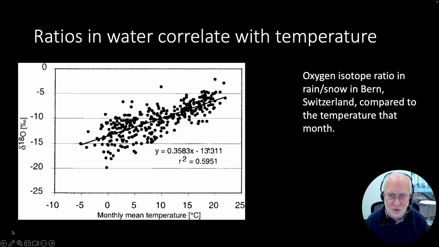What you can see is the rain that fell in summer, when the temperature's up around 20 degrees, has a different ratio; this is how many parts per 1,000 there are of the isotope oxygen 18. It's depleted a little bit there, and it's depleted much more when it's cold. So the ratio of oxygen 18 to oxygen 16 depends on the temperature.